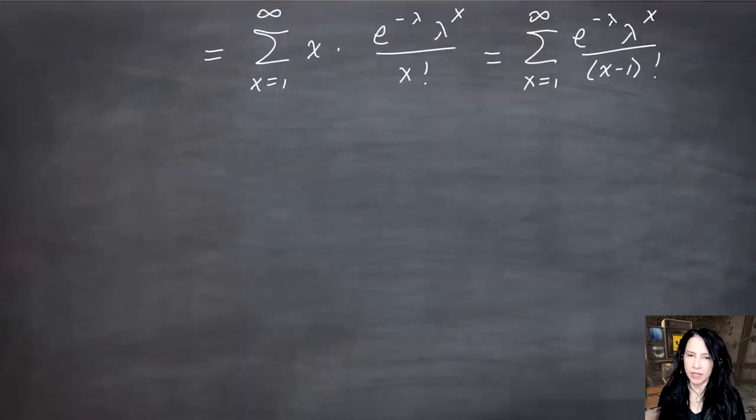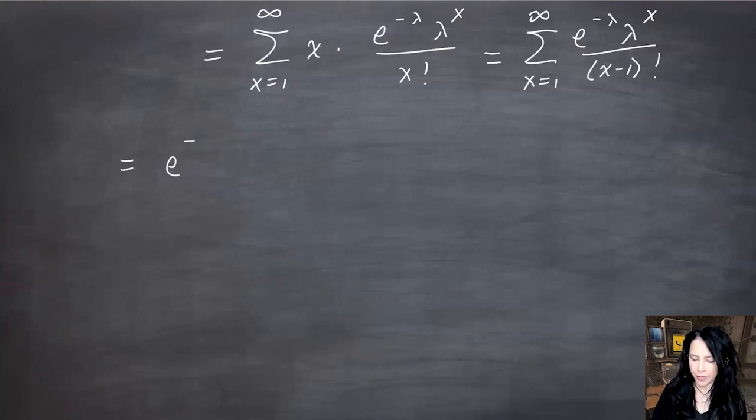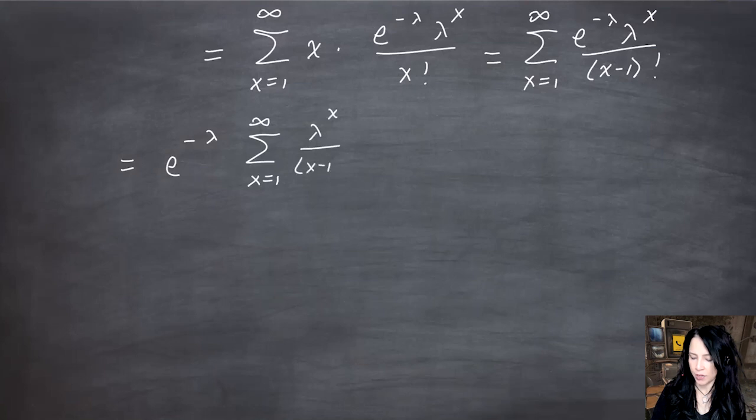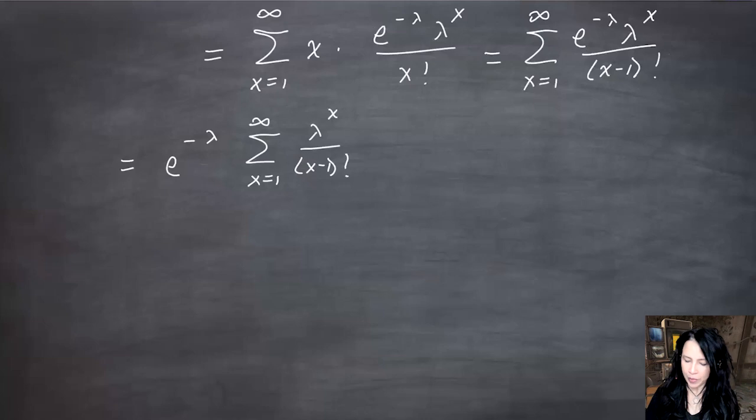And so if you want to make this look like another Poisson distribution by putting in and compensating for constants, that's great. The other option is to pull out the e to the minus lambda, and I've got the sum from 1 to infinity of lambda to the x over (x minus 1) factorial, kind of looking like the e series, but it's not starting at 0, and I have that x minus 1.